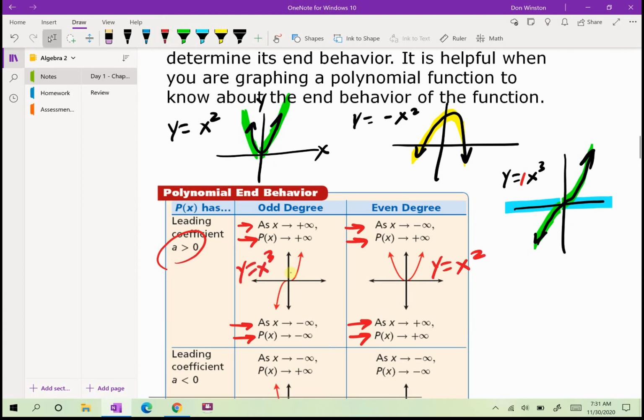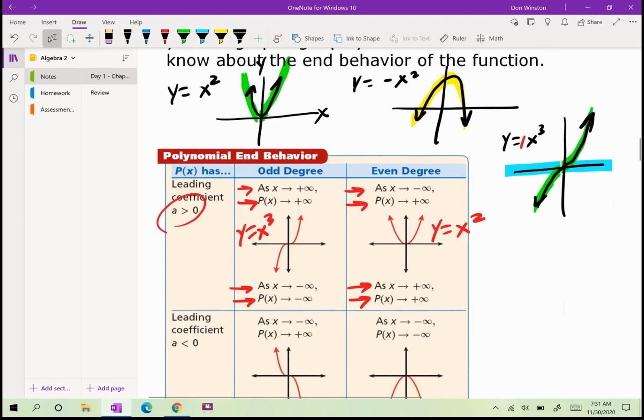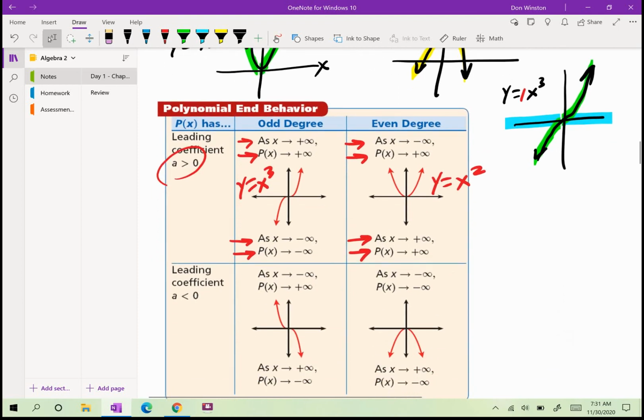Right? And then if the leading coefficient is less than 0, as x goes to negative infinity, y goes to positive infinity. And then x goes to positive infinity, y goes to negative infinity. We say it falls on the right, rises on the left. That's for an odd degree.